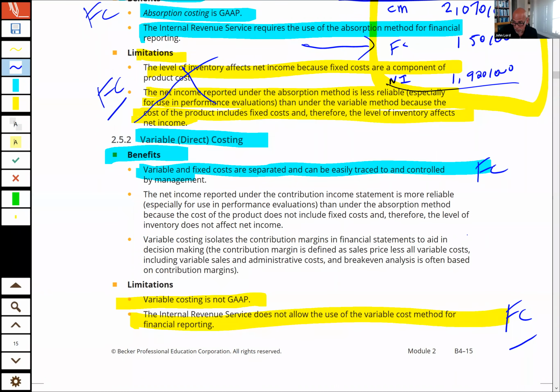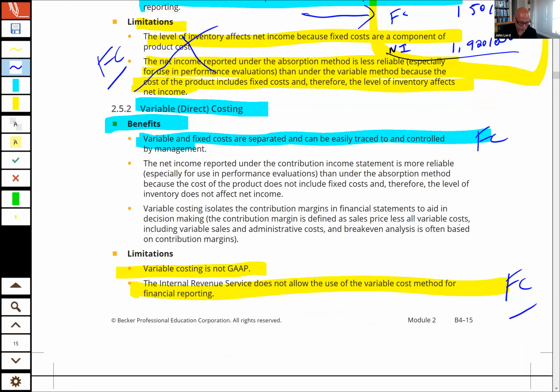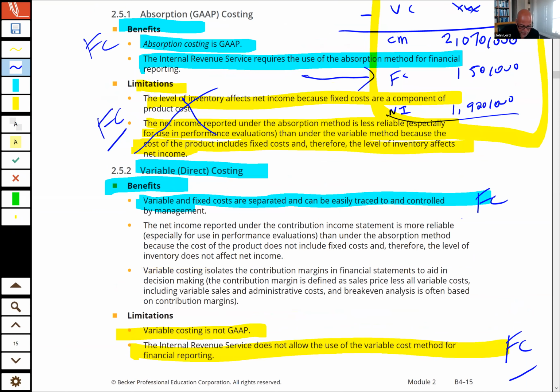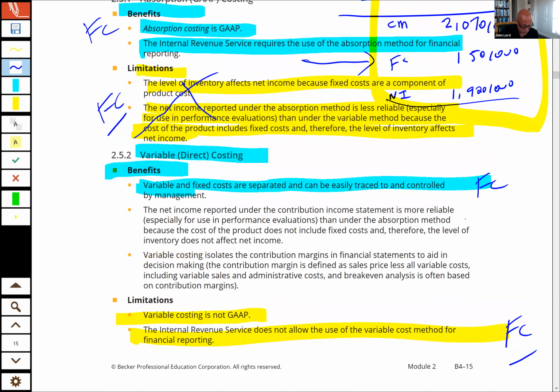Good, write that down, because that's not what that says. That's a limitation. It's not as useful for internal decision-making as the contribution approaches. That's the limitation, not these other stupid things.